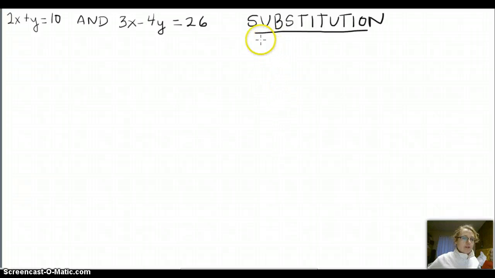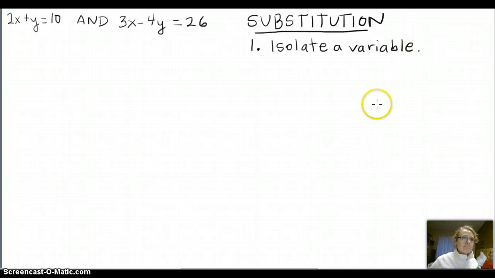So the first goal of substitution would be to isolate a variable, or get one of the variables all by itself. So let's say isolate a variable. When we isolate something, it's all alone, right? Okay?